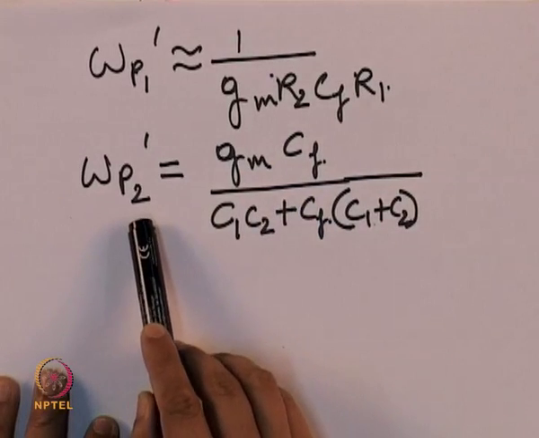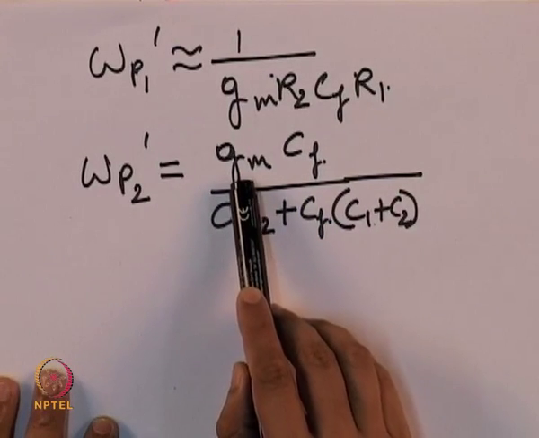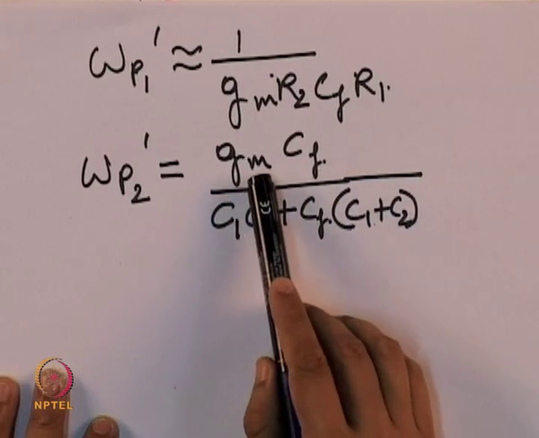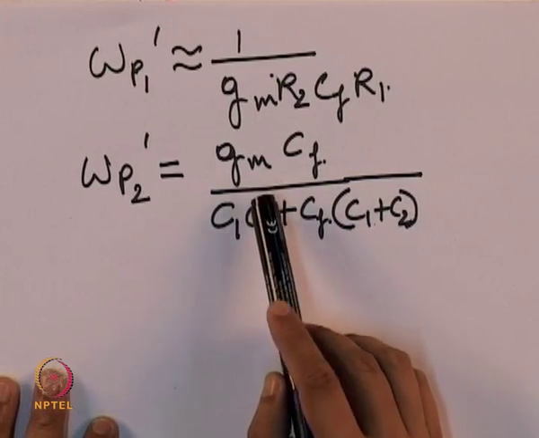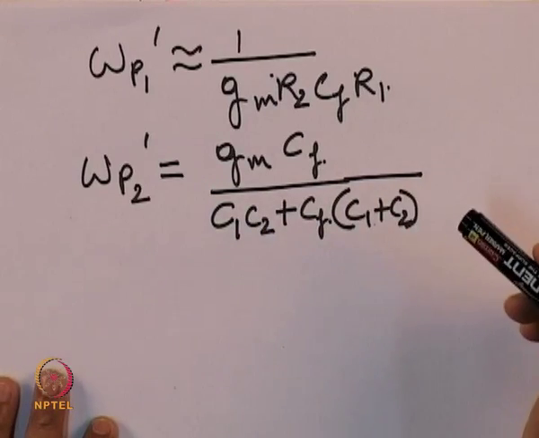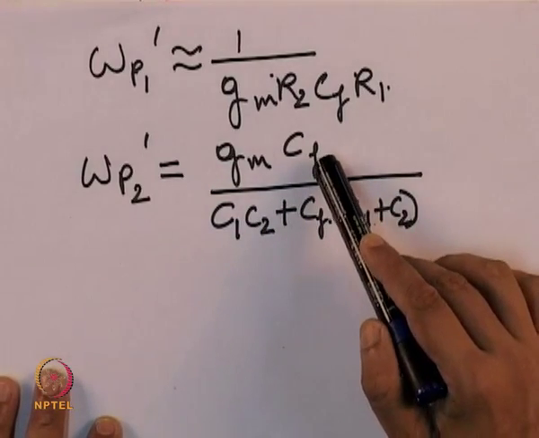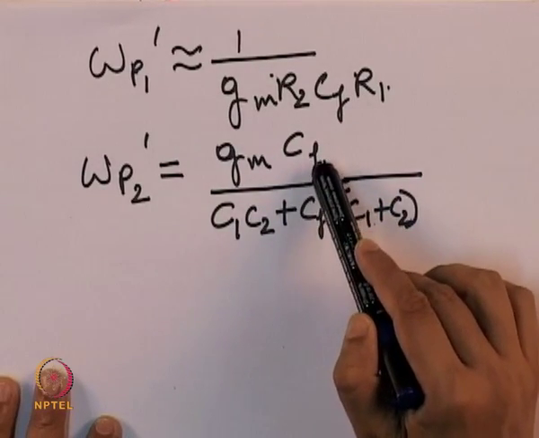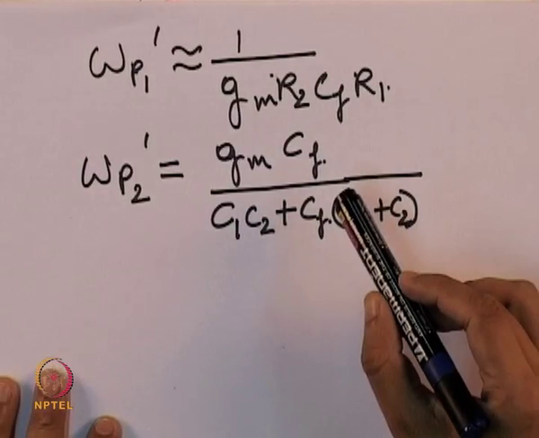Similarly, omega p2 dash has a gm term in the numerator. So even if Cf is much lesser, this gm being quite a large value, the transconductance gain will cause the overall impact of Cf to be much larger than its own value.